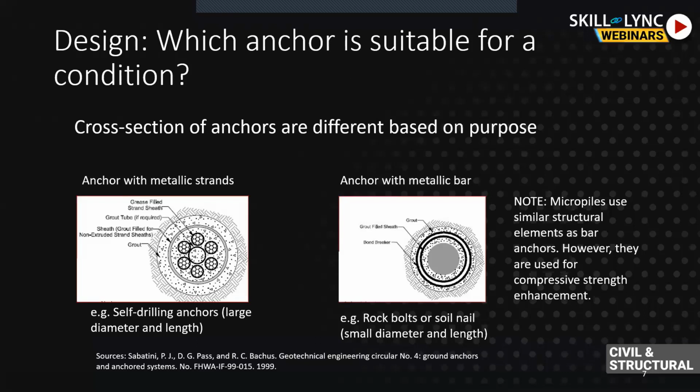So this kind of metallic bar represents a basic wire, and cable anchors are generally made up of this kind of composition in the cross section. So these two kinds of composition we will see mostly in anchors.